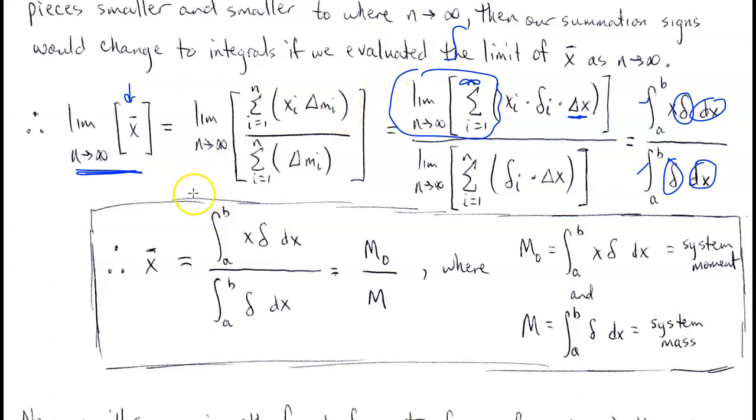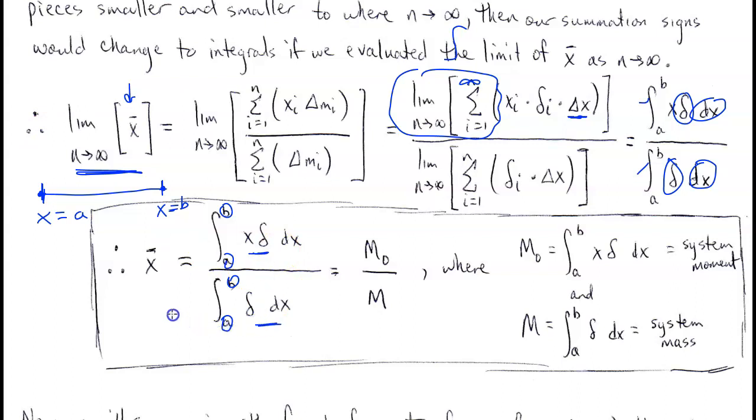So because of all of that, if we are looking at our rod here and it starts at some value x equals a, and it ends at some value x equals b, then of course we now have our limits of integration for the moment for this particular figure as well as the system mass.